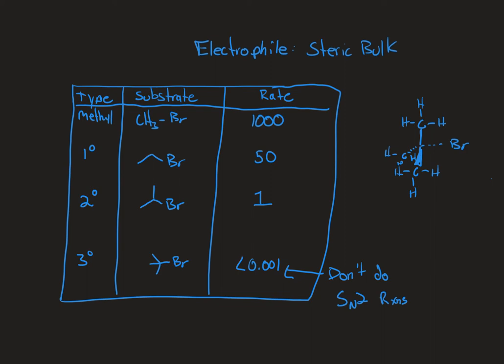There's just not enough room in here for a nucleophile to come in and attack. And so this transition state is very high energy and doesn't form when we're looking at a tertiary bromide.